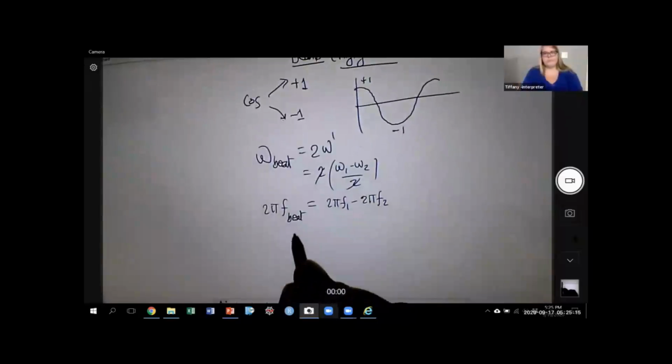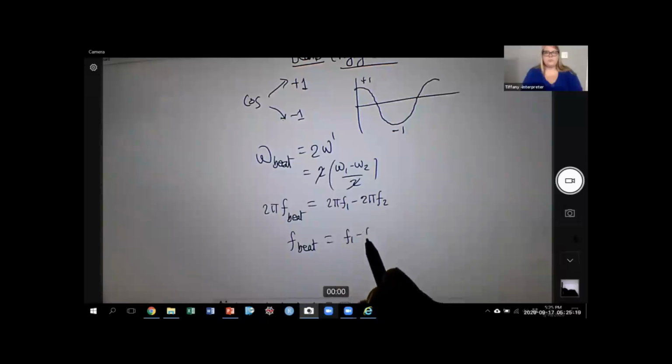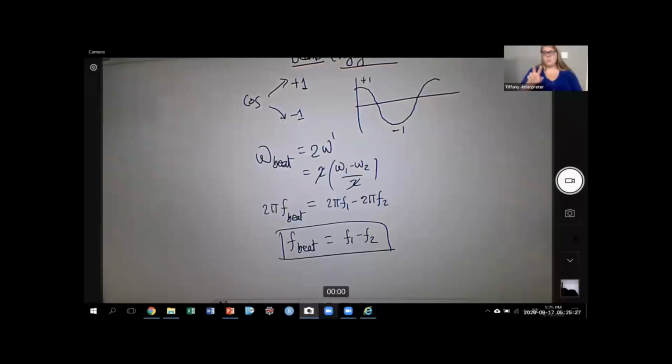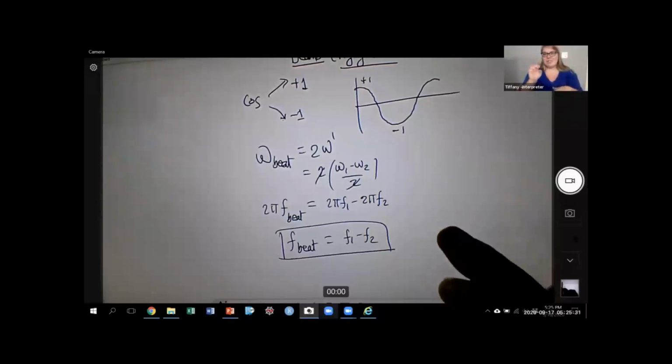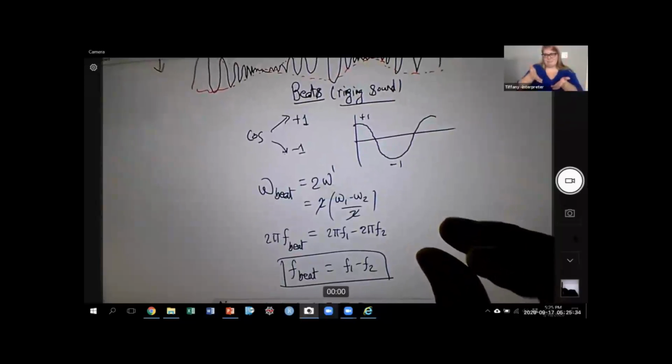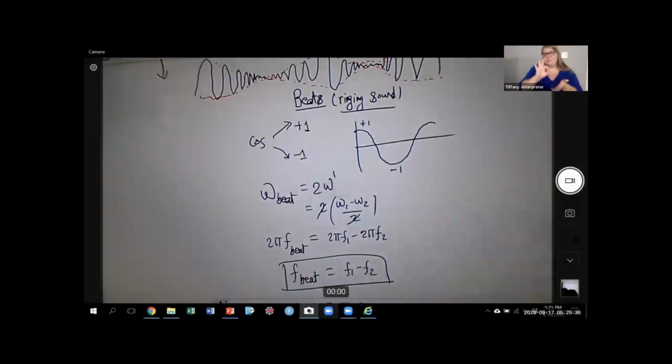Finally, the beat frequency is basically f1 minus f2, just the absolute value. So just the difference between the two frequencies is the beat frequency that you will hear, that ringing sound. So we proved mathematically that the beat frequency is just the difference between two frequencies.